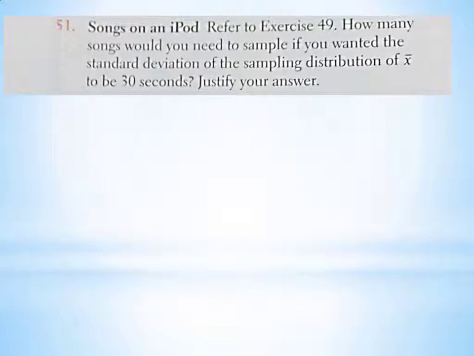Using the same problem, how many songs would we need to sample? So we're looking for n, which is very unusual. We're looking for our sample size. If you wanted the standard deviation of the sampling distribution to be 30 seconds, well, our formula for standard deviation is standard deviation over the square root of n.